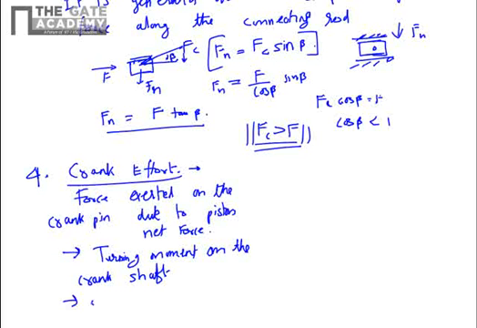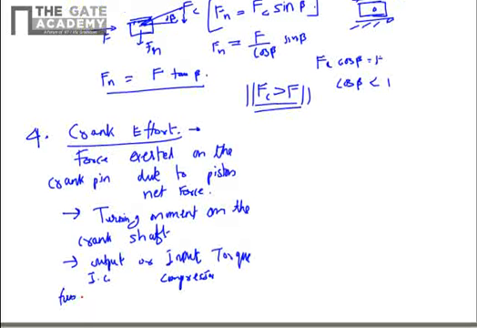This is normally the output or input torque. For an IC engine it will be output, for a compressor it will be input torque, and this will be a function of time. As F is changing, the crank effort also changes.